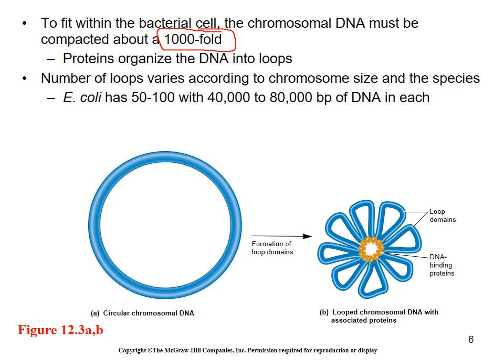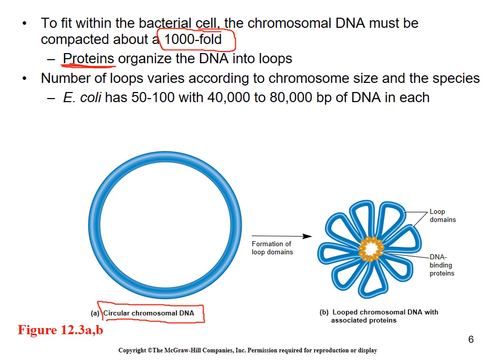Well, the bacteria will utilize different DNA binding proteins in order to compress and coil up the DNA. What you can see from our illustration at the bottom right is that we have our nice circular chromosome DNA that we're used to seeing when we were chit-chatting about our bacteria.